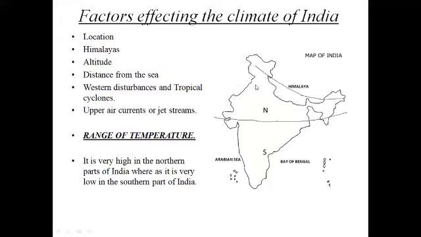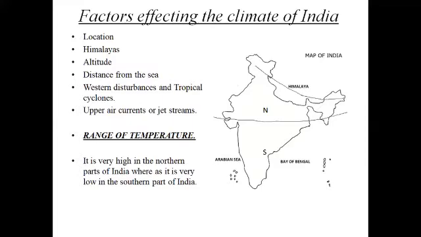Now, what are the characteristics of continental type of climate? Number one, it will be too hot and too cold. That's why in summer we experience very hot weather, and in winter very cold. Then rainfall will be scanty.